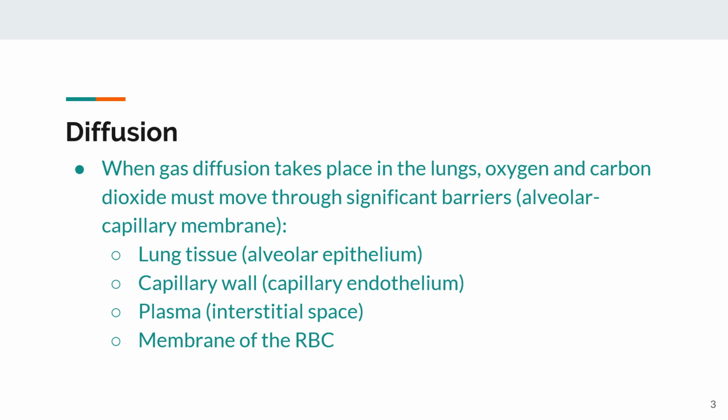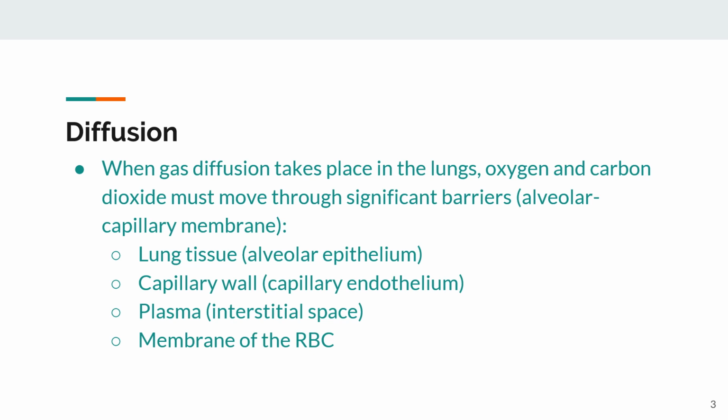And so the lung tissue, which is composed of the alveolar epithelium, and that's where the gas stage is, where the O2 is, and then the capillary wall, which is the capillary endothelium, the plasma or the interstitial space, and then the membrane of the red blood cell, which is hemoglobin.